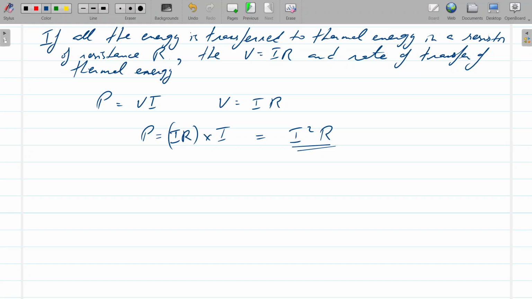Now we can obviously move the equation around even further. What if you don't know the current? P equals VI and I equals V over R. And so P equals V multiplied by V over R, which gives you V squared over R. So you can find power in any case.